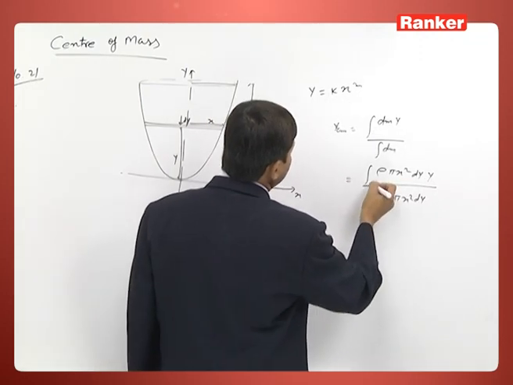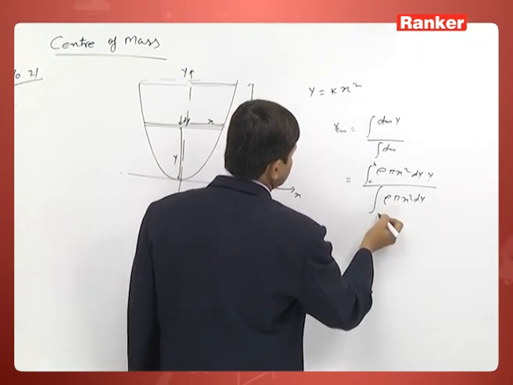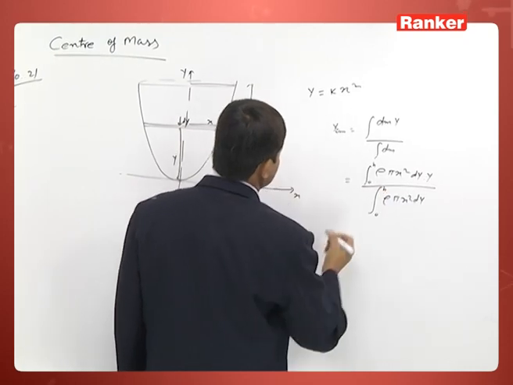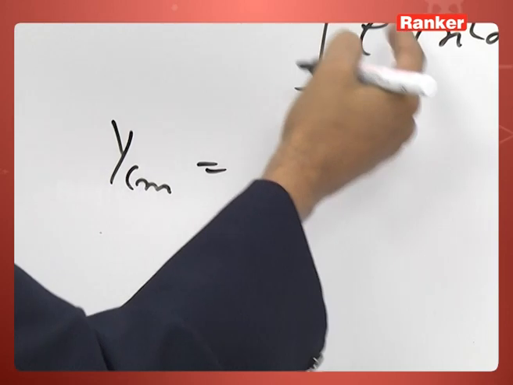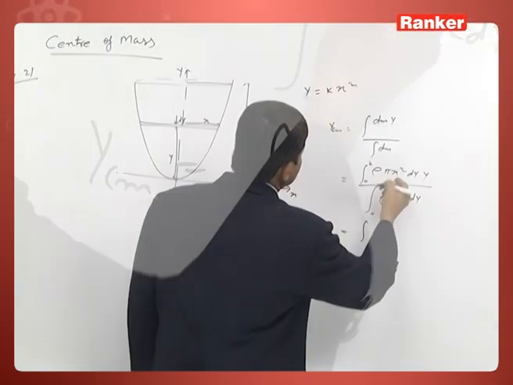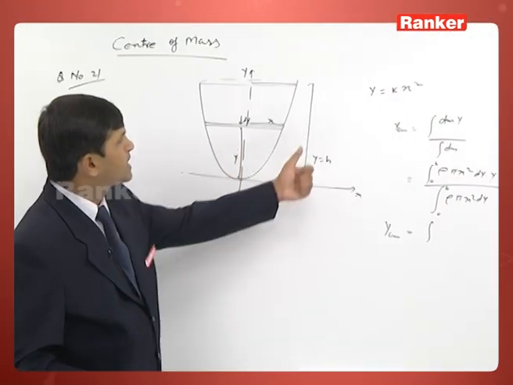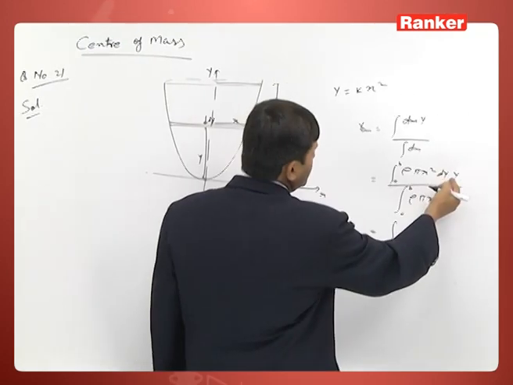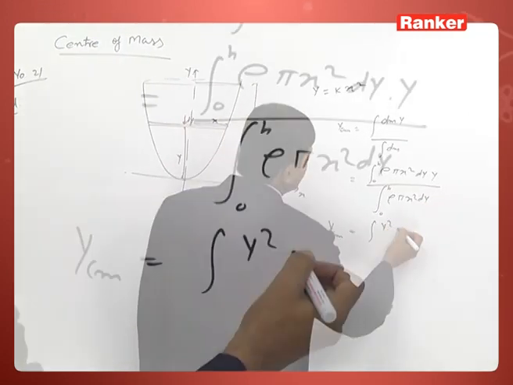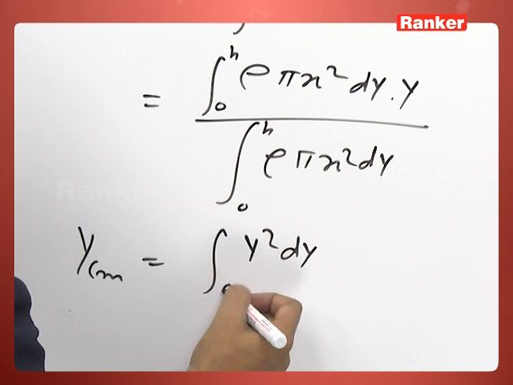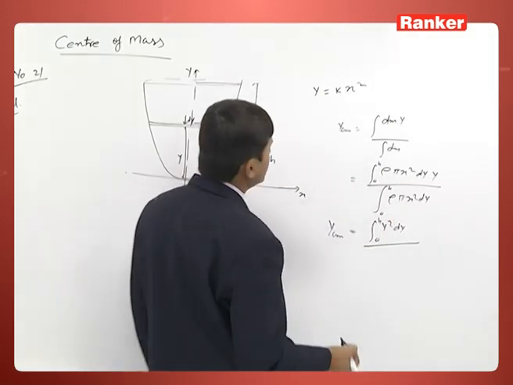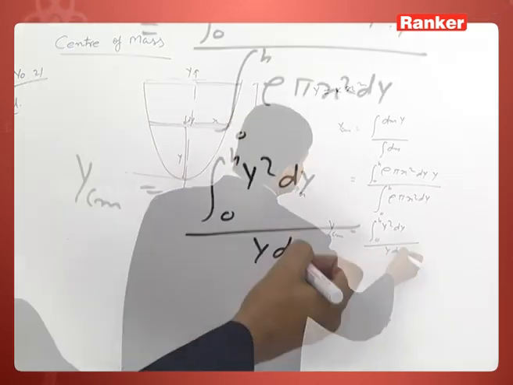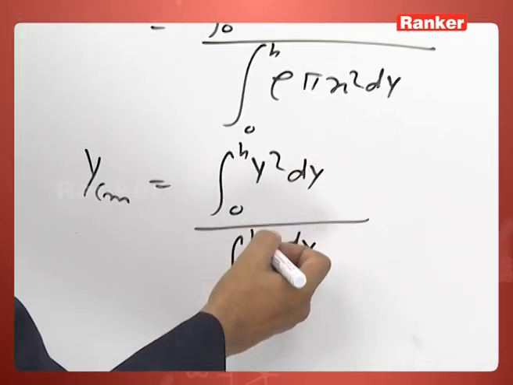Now the limit of y is 0 to h. So y cm, rho into pi cancel, x square we can write as y by k, so y square dy from 0 to h, over y dy from 0 to h.